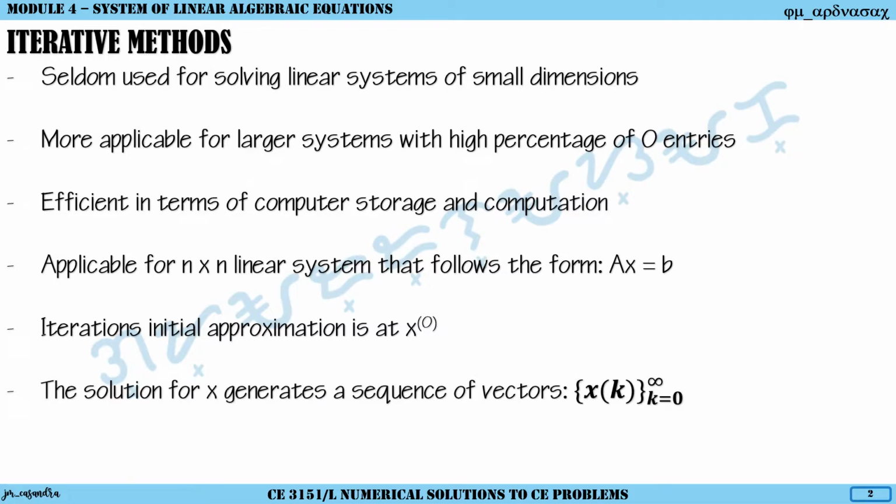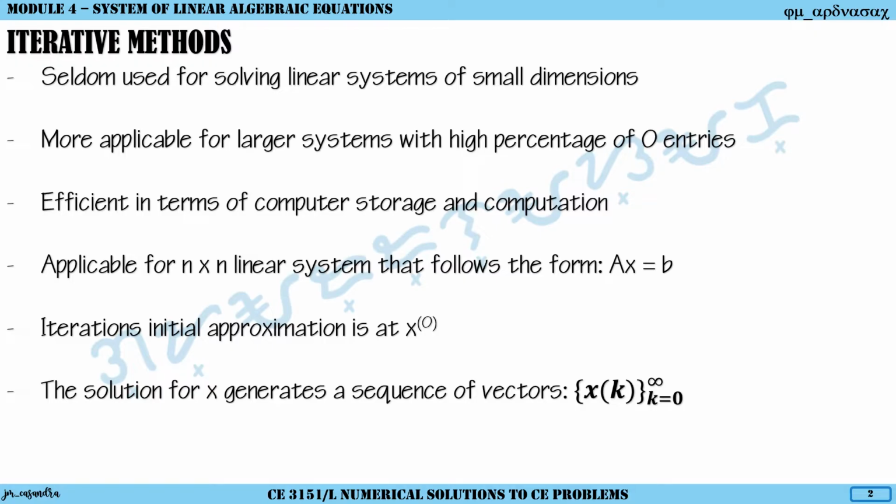The solution for x would generate a sequence of vectors x^(k), starting from the initial approximation, which is usually 0, until your maximum iterations. So if x is assumed as 0, that will be your first iteration.